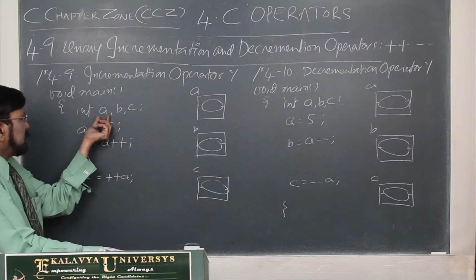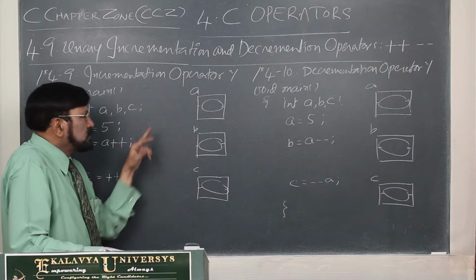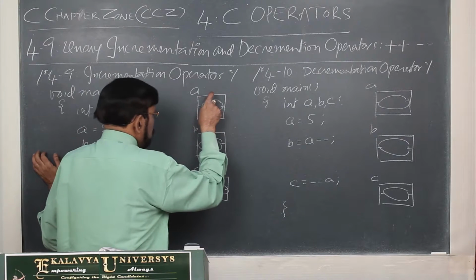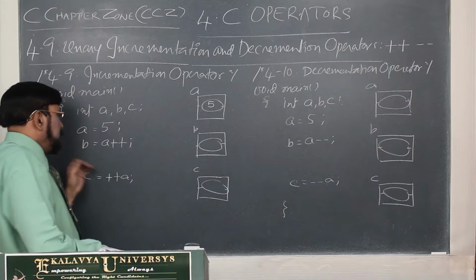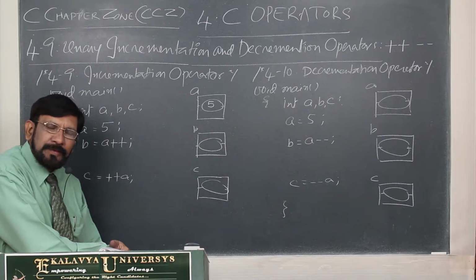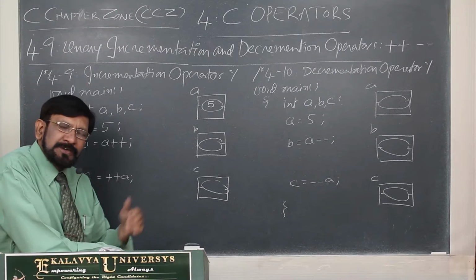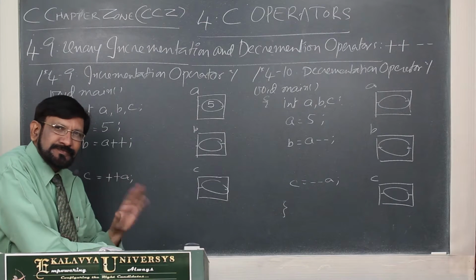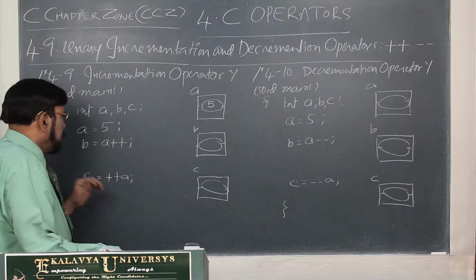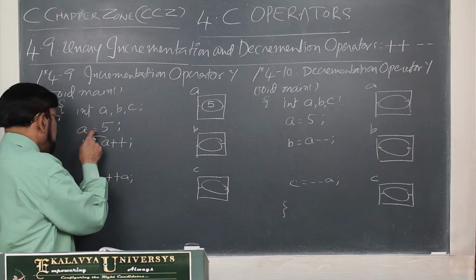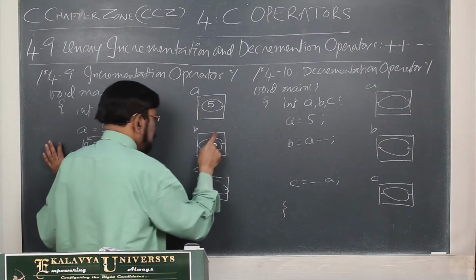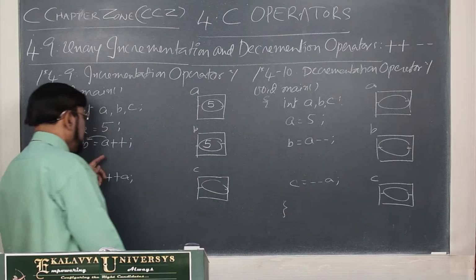Now you see here A, B, C, three variables I have defined, and I have assigned 5 to A. Thereafter, B is equal to A plus plus. Post incrementation I made. In this, two operations are performed. First, A is assigned to B. As a result of that, B's value is 5.